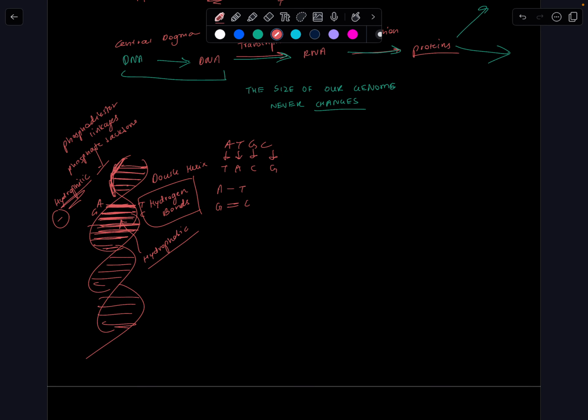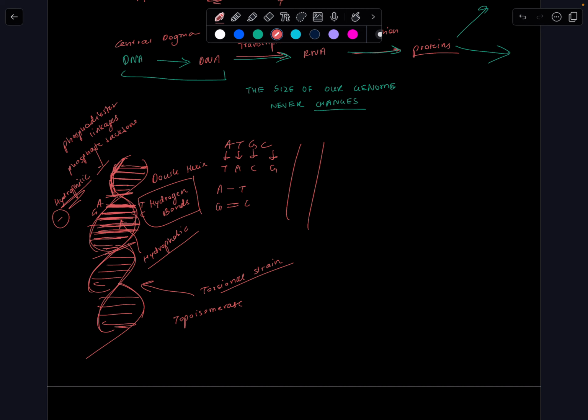Okay, so if we want to do our DNA replication, then we can't have all of this torsional strain. We can't have it all tightly looped up because then we can't get in there and replicate. So we are going to have something called topoisomerase, which is basically going to make little nicks in the DNA in order to relieve this torsional strain and make it open up.